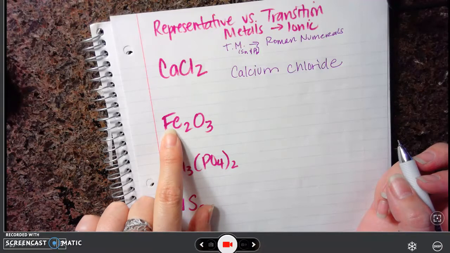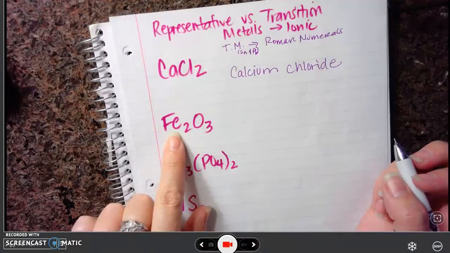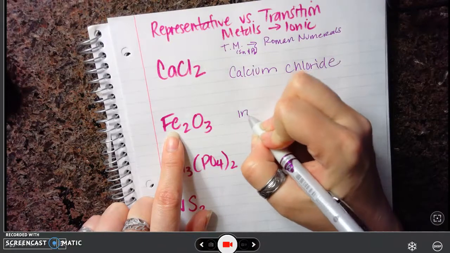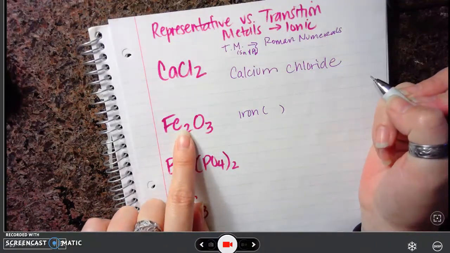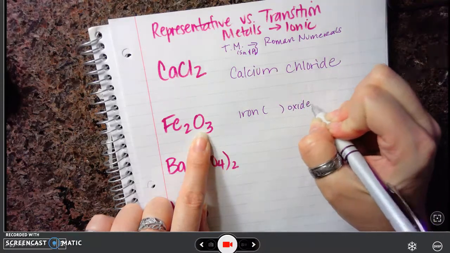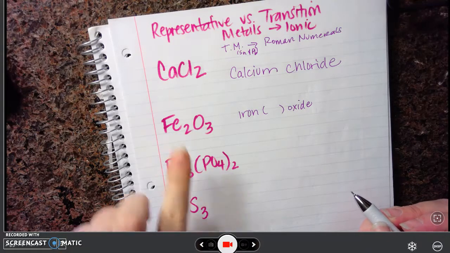Now on the next one, I have Fe2O3. Fe is a transition metal, so because iron is a transition metal, we're going to use Roman numerals to tell the charge of the iron that they used to swap and drop. O is oxygen, so that changes to oxide. There are a couple options here.